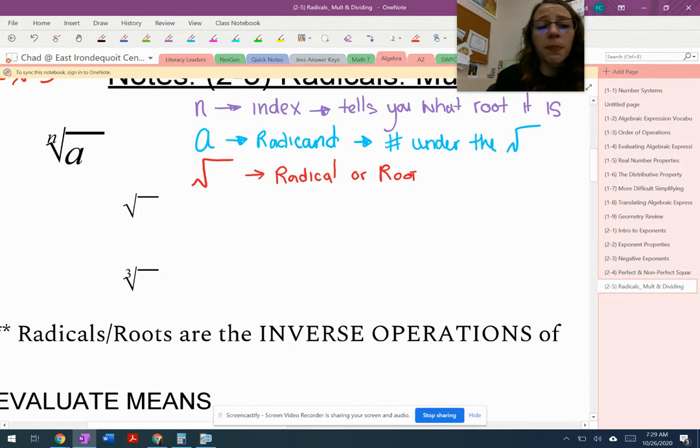So, first thing, because most often we don't see an index written. Most often we just see something like this right here, which again, I'll give you my version of it. Swoop, swoop, just like that. You won't see a number written.